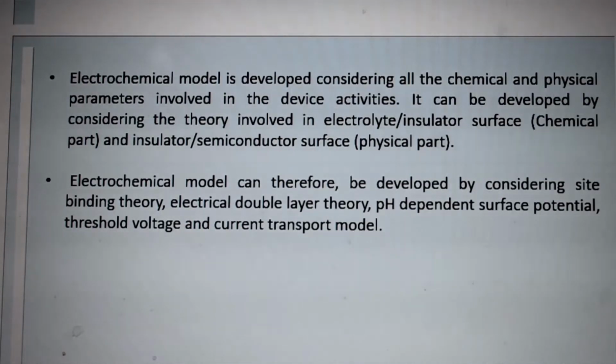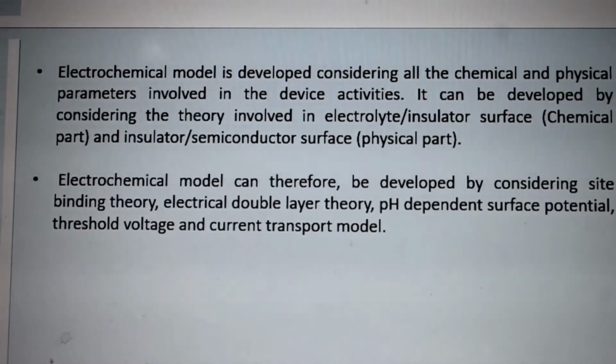The electrochemical model can therefore be developed by considering site binding theory, electrical double layer theory, pH dependent surface potential, threshold voltage, and current transport model.